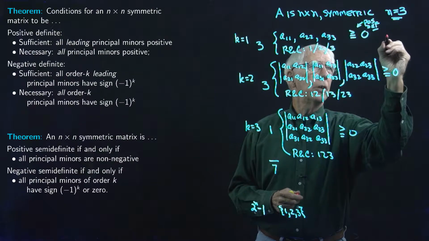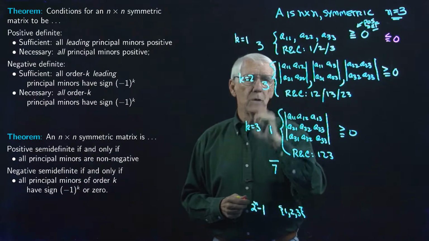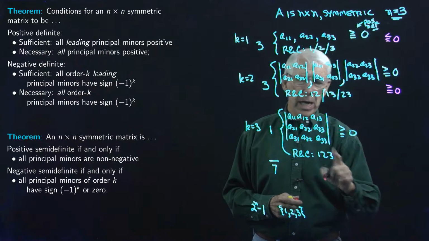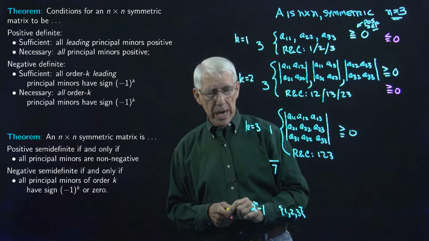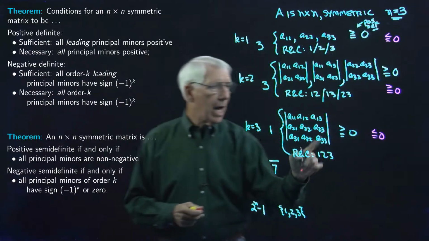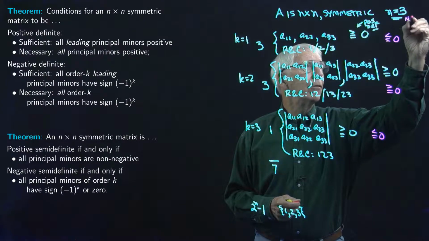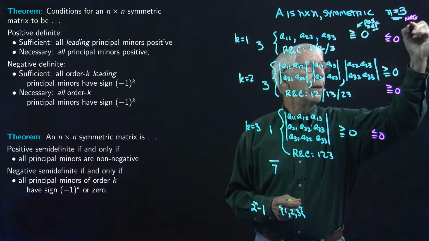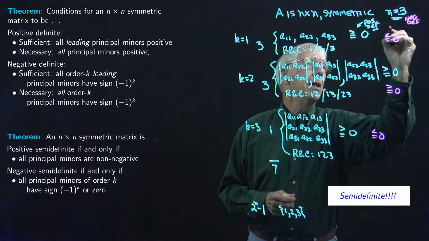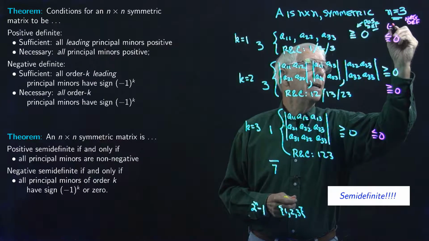So I'll put that over here in pink. And the second order principal minors have to be greater than or equal to 0. And the third order principal minors have to all be less than or equal to 0. Let me put negative definite up in this corner.